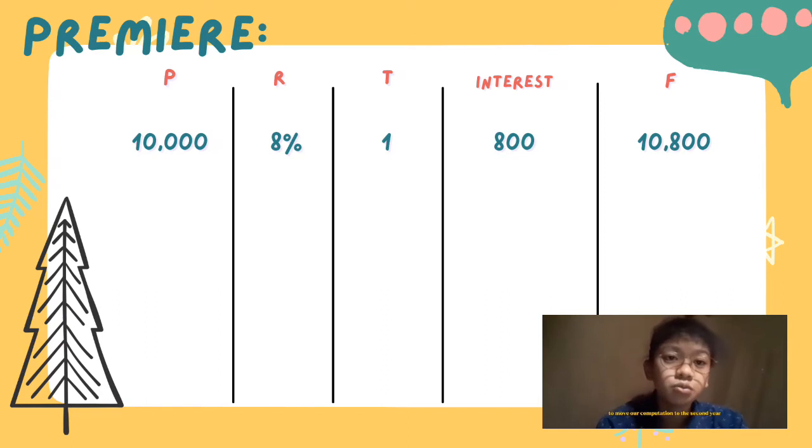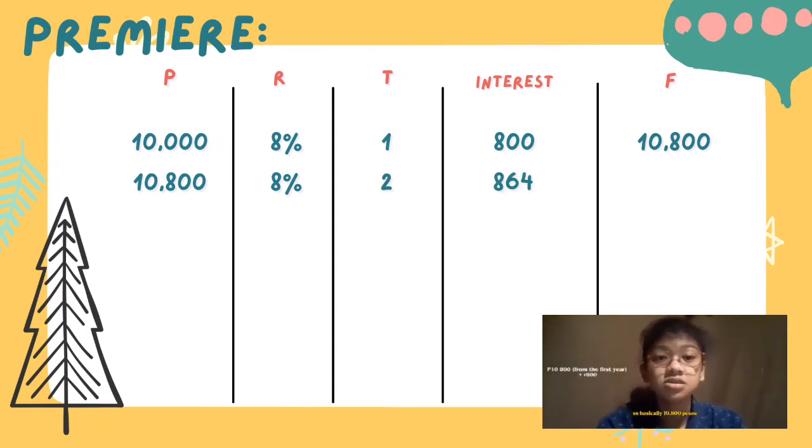To move our computation for the second year, we will just get 10,800 pesos and its rate, which is 8%, and continue to solve. So basically, 10,800 pesos plus the 8% is equals to 11,664 pesos compounded in the second year.